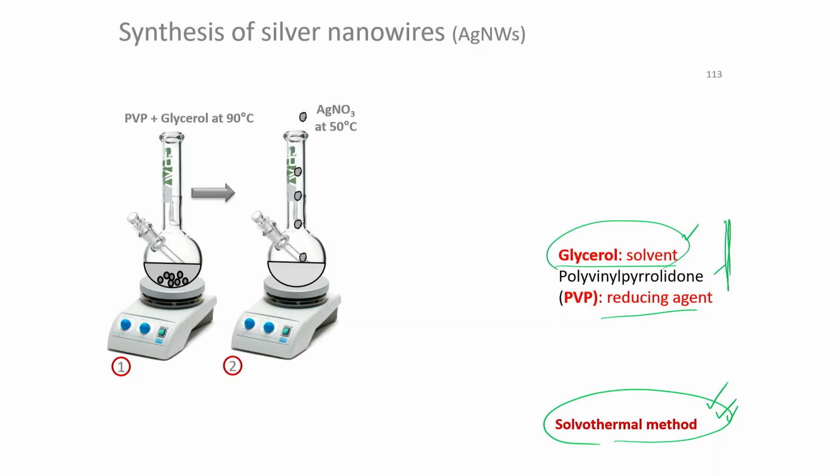Then we have reduced the temperature to 50 degree Celsius, where we mixed the silver nitrate.